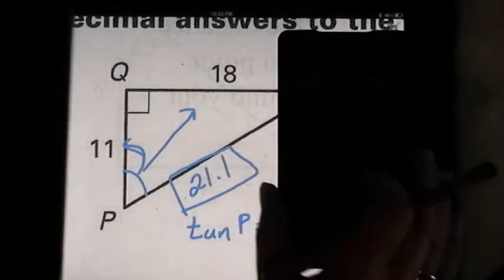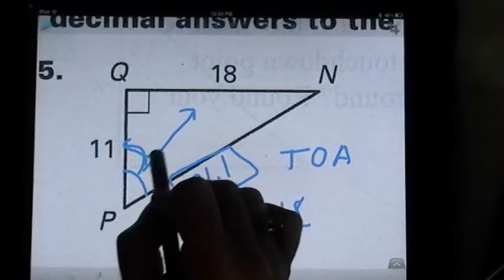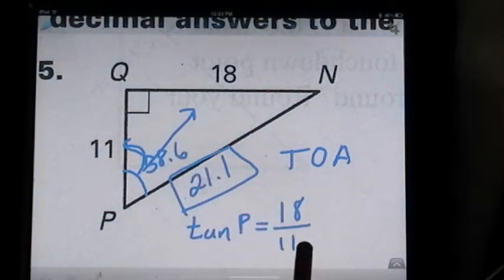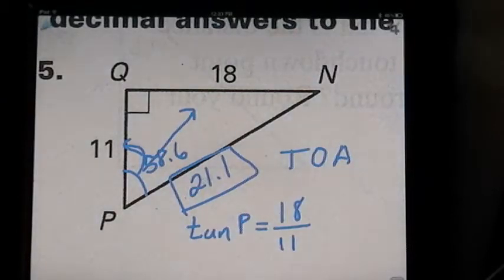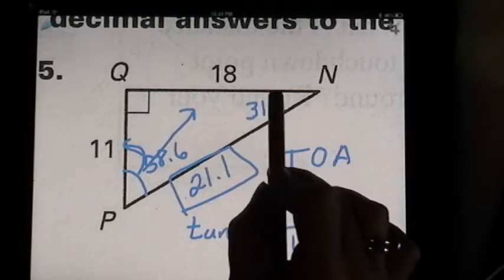With the Casio, that looks like this. 18 divided by 11 equals, and then do the inverse tangent. And that's 58.57, which rounds to 58.6. So P is 58.6. To find N, we can do 90 minus 58.6, and we get 31.4.